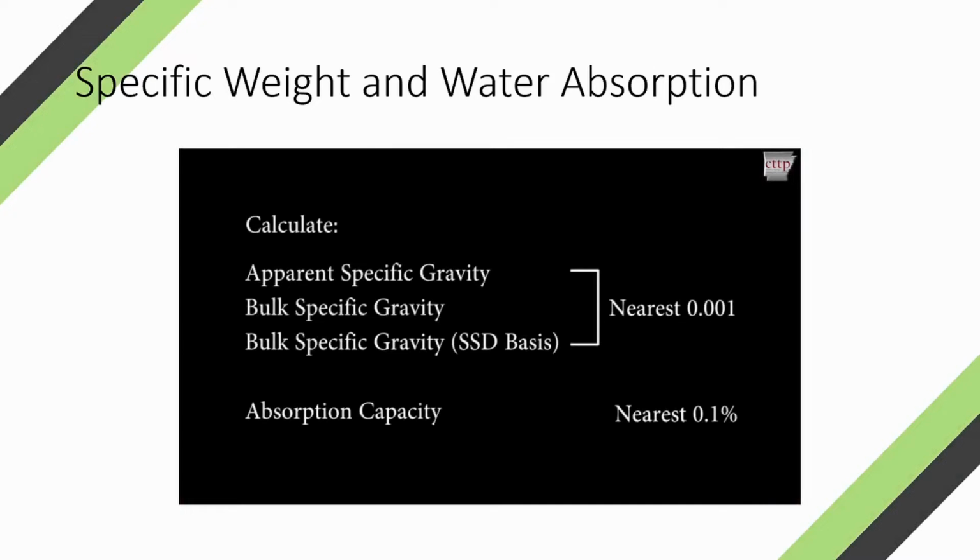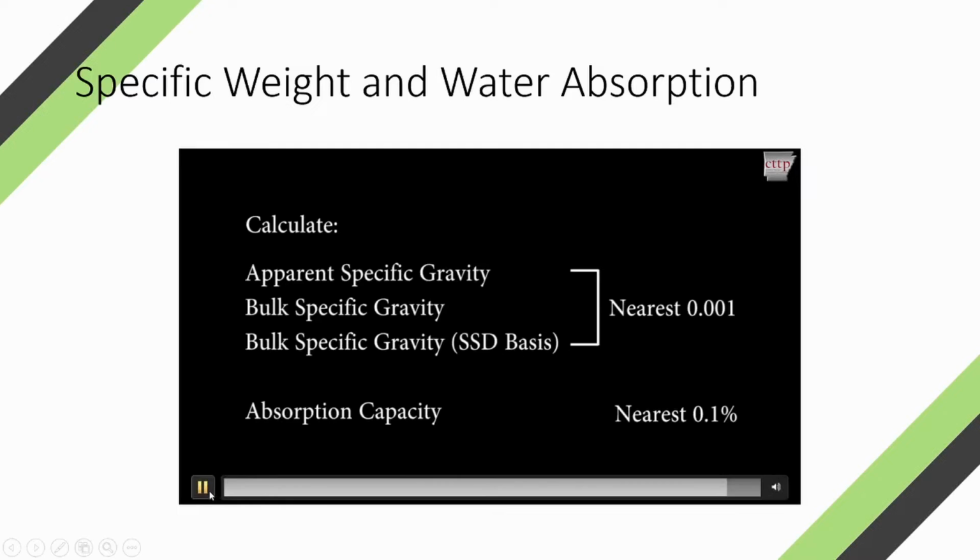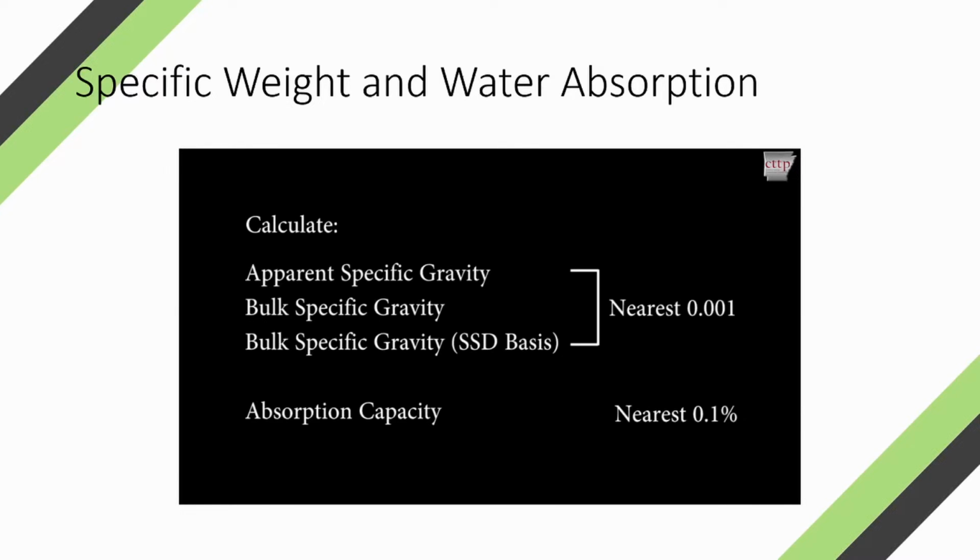Specific gravity and absorption values can now be calculated, including the apparent specific gravity, bulk specific gravity, and water absorption. Dito tayo magra-round off sa 3 decimal places, tsaka dito sa water absorption is 1 decimal place na naka-percentage.